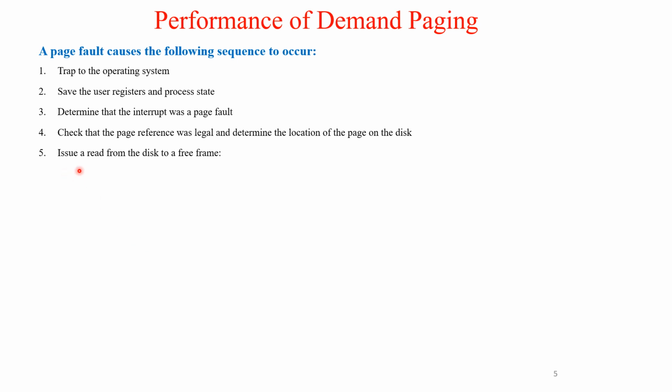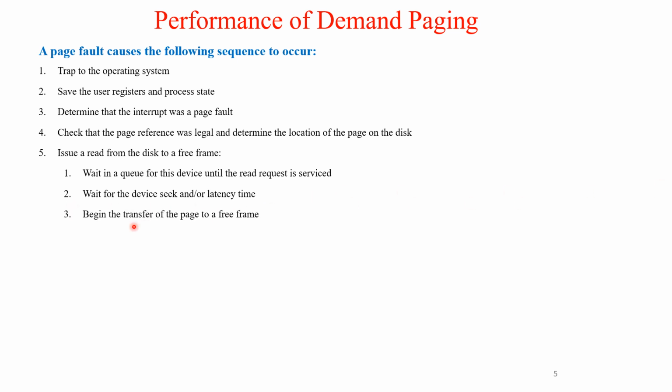Then it will issue a read from the disk to a free frame in memory. It will wait in a queue for this device until the read request is serviced. Then it will wait for the device seek. Then it will begin the transfer of the page to a free frame.